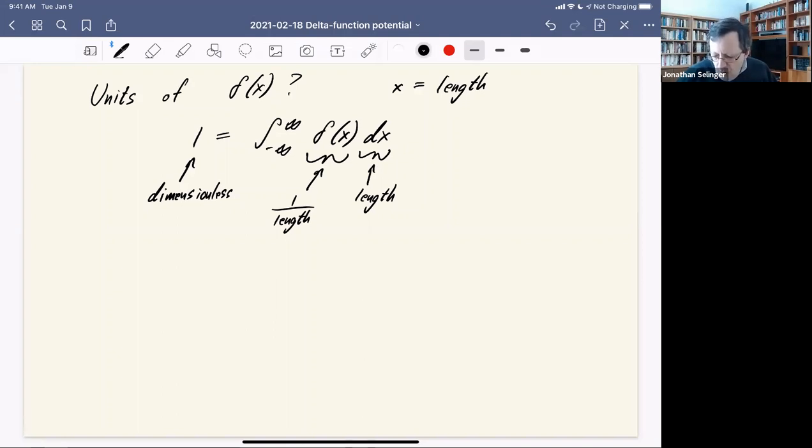This is always true for a delta function, right? The units of the delta function are 1 over the units of whatever goes inside the delta function.